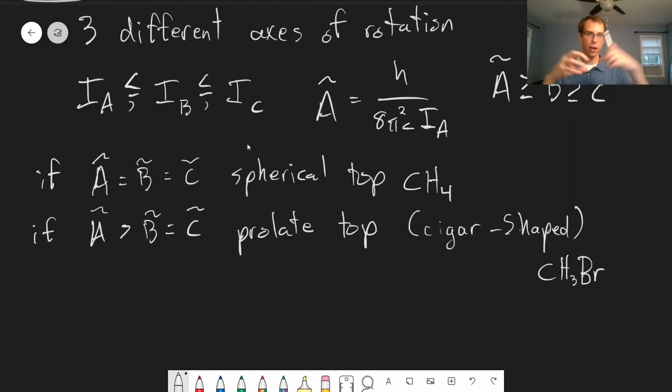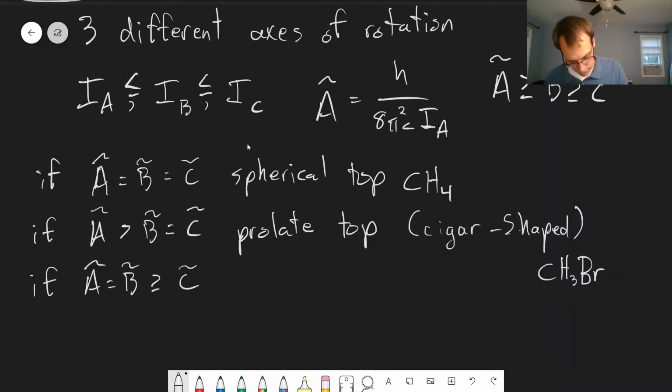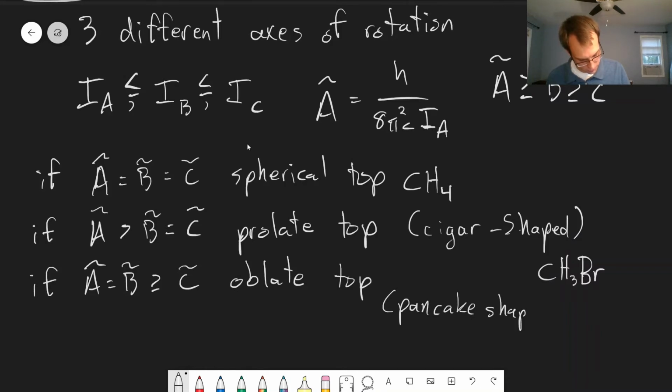So we'd have one axis that's very different than the other two. And then if A and B are equal to each other, and C is the one that's different, that's called an oblate top. And this is sort of a pancake shape, roughly. Something like benzene is an oblate top.